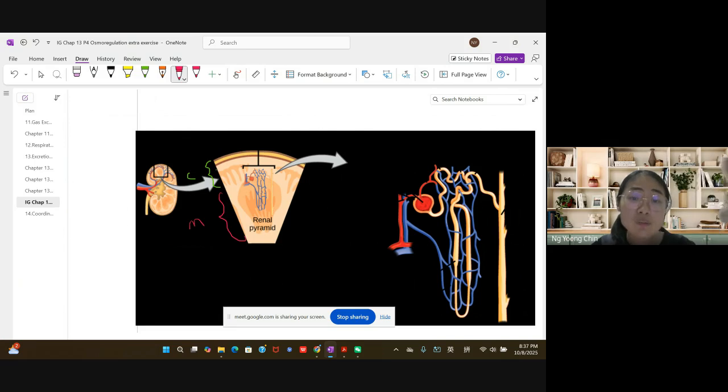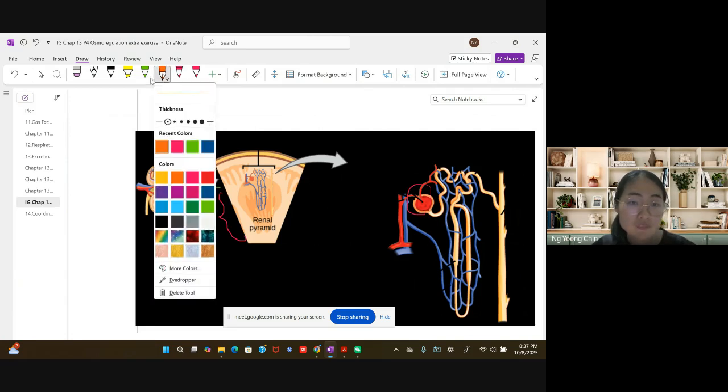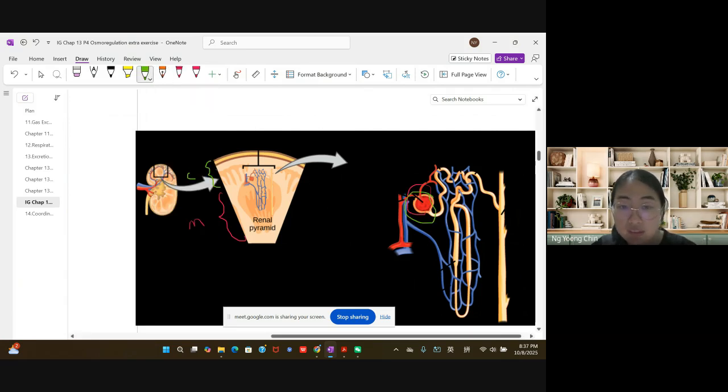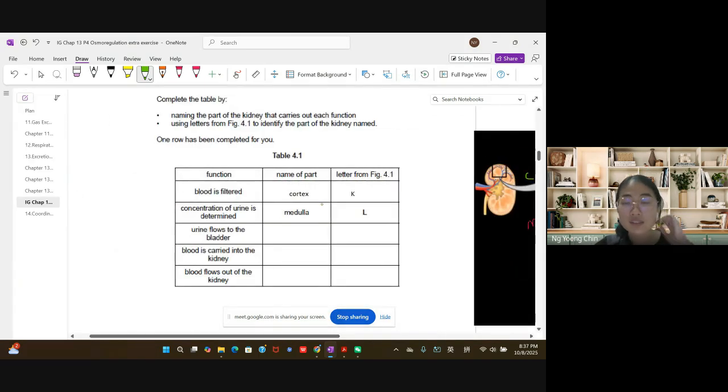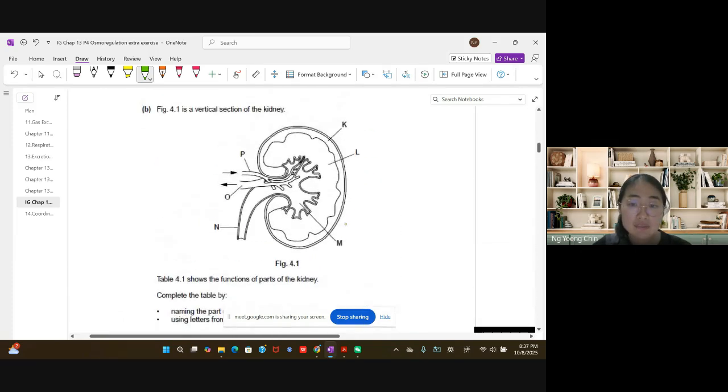So the glomerulus is located at the cortex region. You can see, this is the glomerulus here. They are just located at the cortex region. That's why it's the cortex, and the medulla is around here. This is the cortex, this is the medulla.